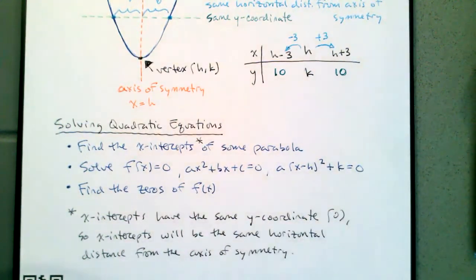So the x-intercepts will be the same horizontal distance from the axis of symmetry.